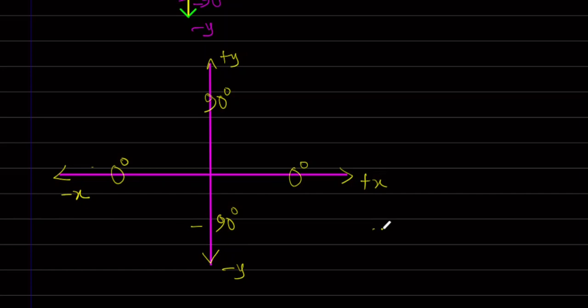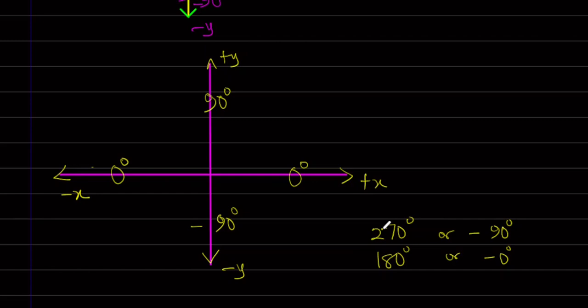This simply means that 270 degree is the same thing as negative 90 degree. That is what we are trying to see here. So instead of writing 270 degree, I can simply write negative 90 degree, and 180 degree simply means negative 0 degree. So that is how we work with 0 to 90 degree or 0 to 360 degree.